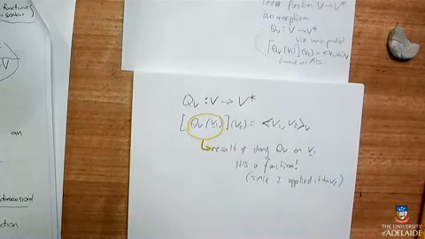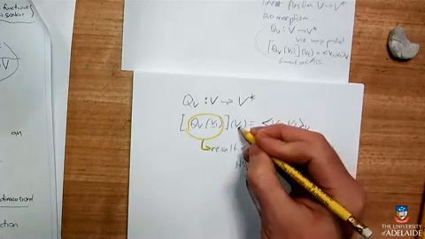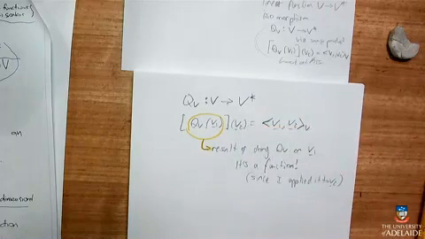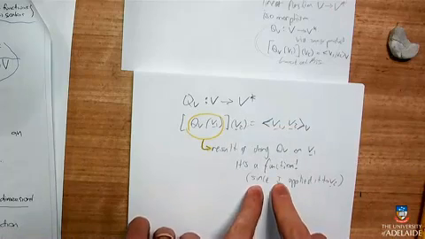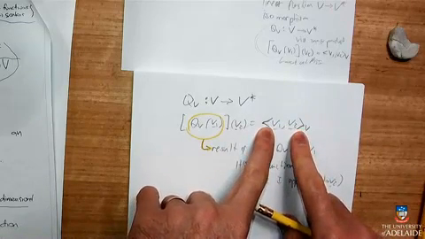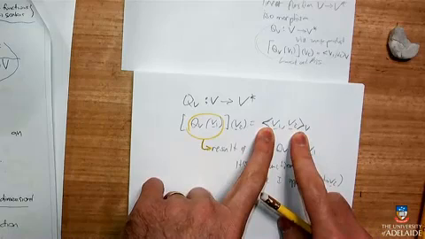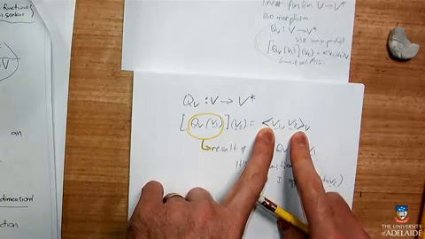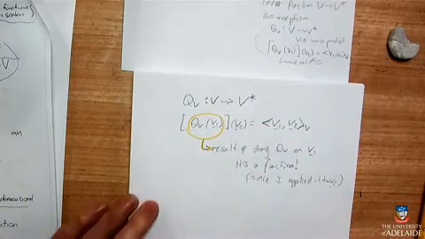Okay. And the answer to this function is a number. It's the inner product of V1 and V2 in V.